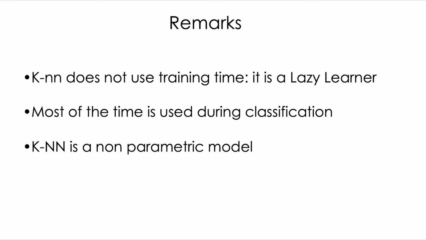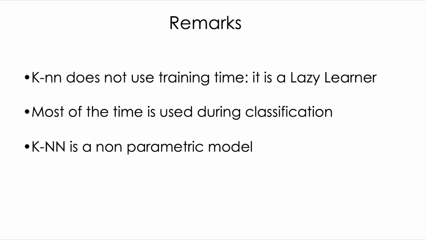For example, when we use a probability distribution that is defined by a small set of parameters, then those parameters are not going to grow with the size of the training set. That means that that model is parametric. In our case, the execution time of the KNN will be affected by the size of the training set. And this is why this model is non-parametric.